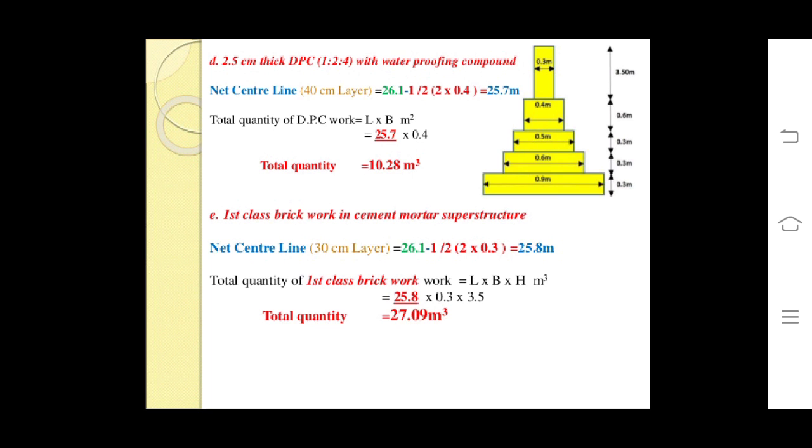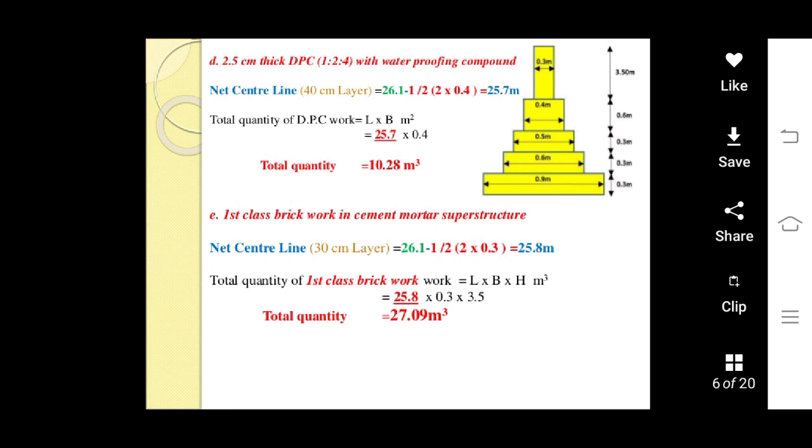Now the next item for calculation is first class brickwork in cement mortar for superstructure. Since the floor to floor height of superstructure is 3.5 meters, the net centerline length is equal to 26.1 minus half into 2 into 0.3, that is equal to 25.8.